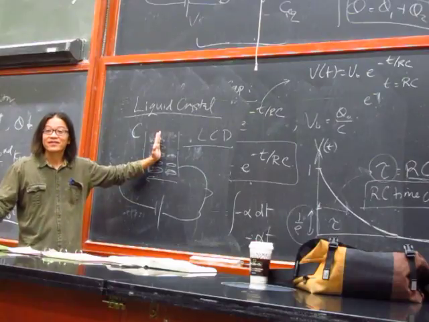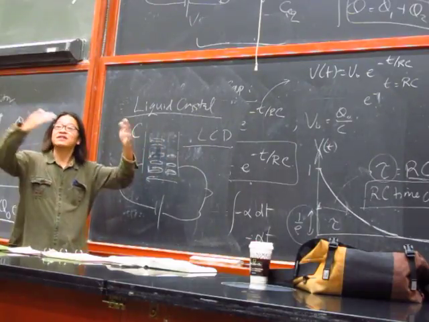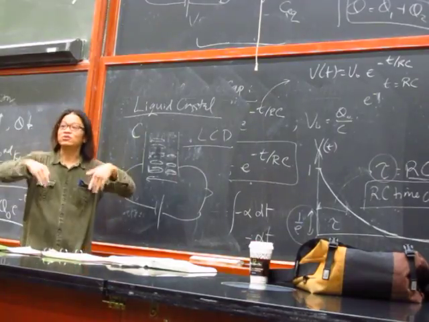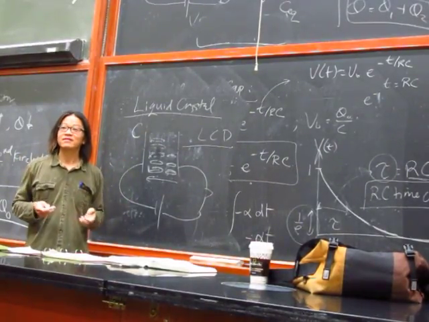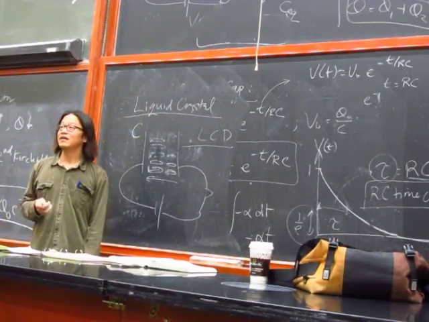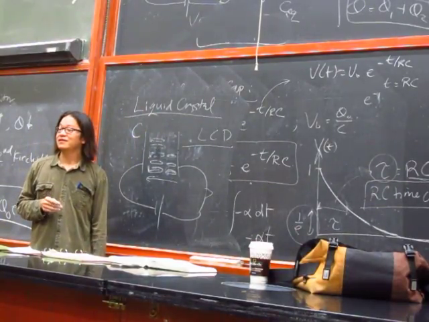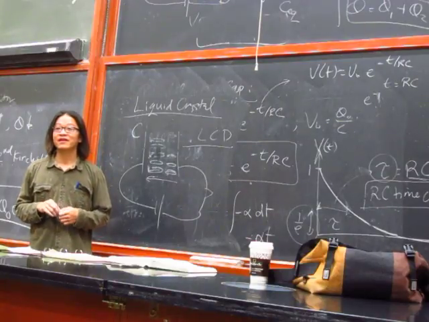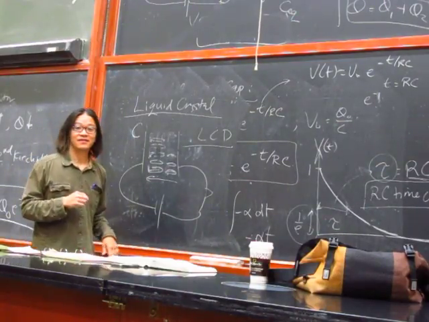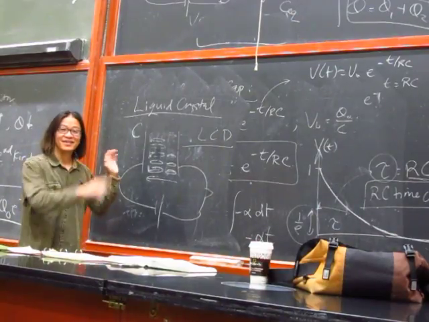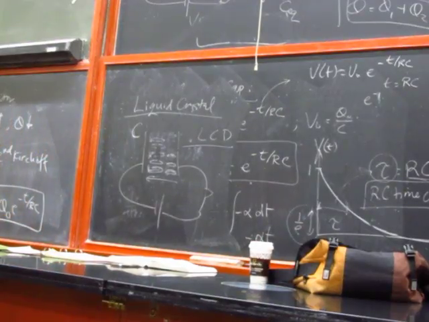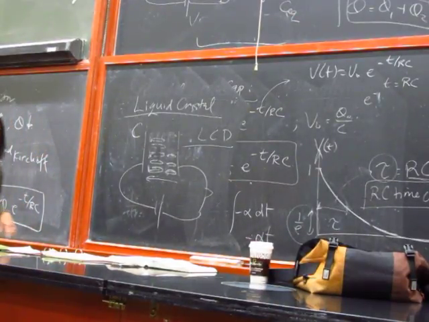So what you have to do is constantly refresh the voltage to charge your capacitor, to prevent the molecules from relaxing. Any question? No? This is just an example. With that, we're done with chapter 4.